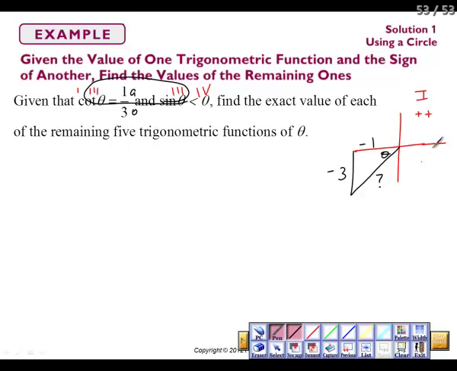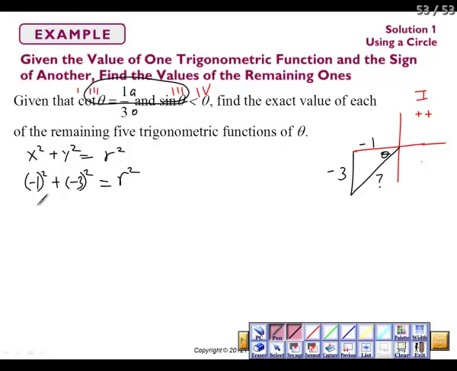in that case, we need to find what our hypotenuse is. So again, we're going to use x squared plus y squared equals r squared. So this would be -1 squared plus -3 squared equals r squared.